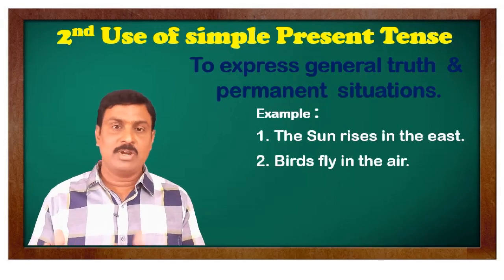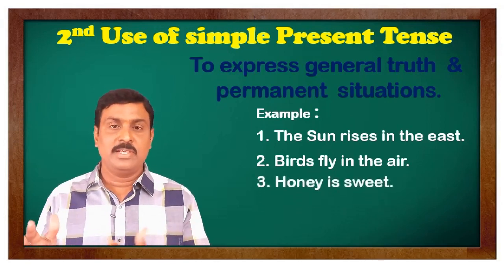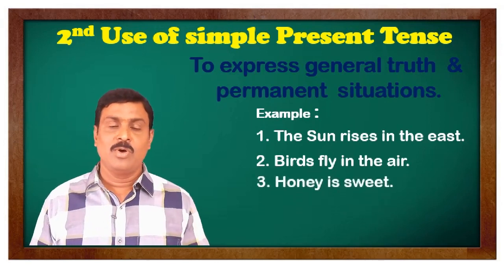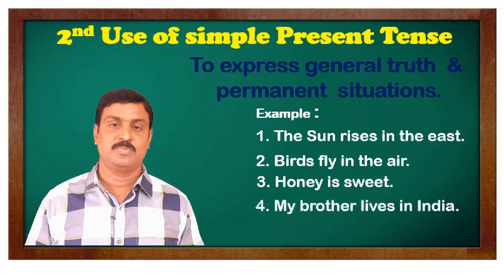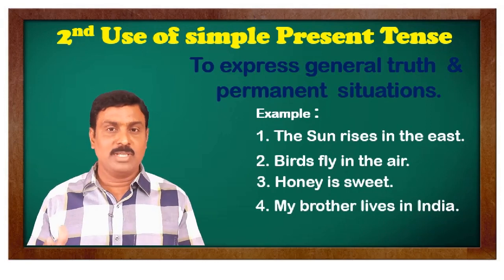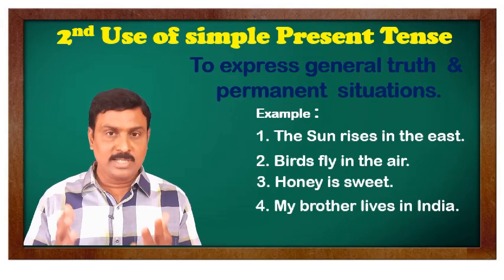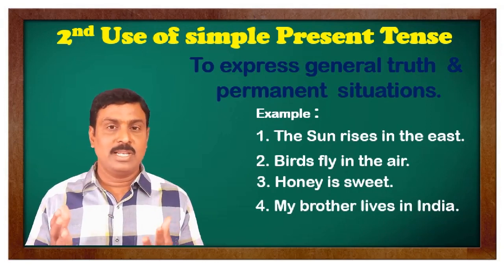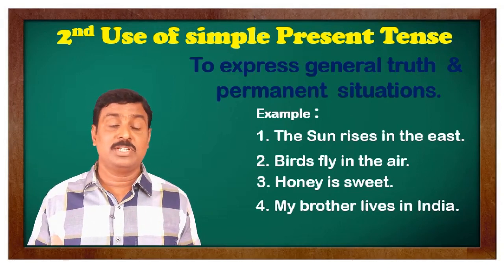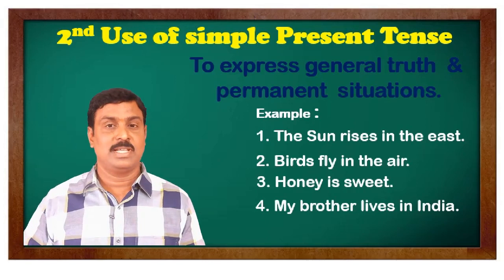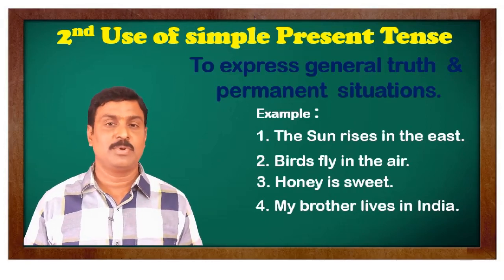We have another example. Honey is sweet. Okay, let's take another example. My brother lives in India. When I say my brother lives in India, you can understand that my brother lives in India permanently. To express permanent actions, we use the simple present tense. We have another example.